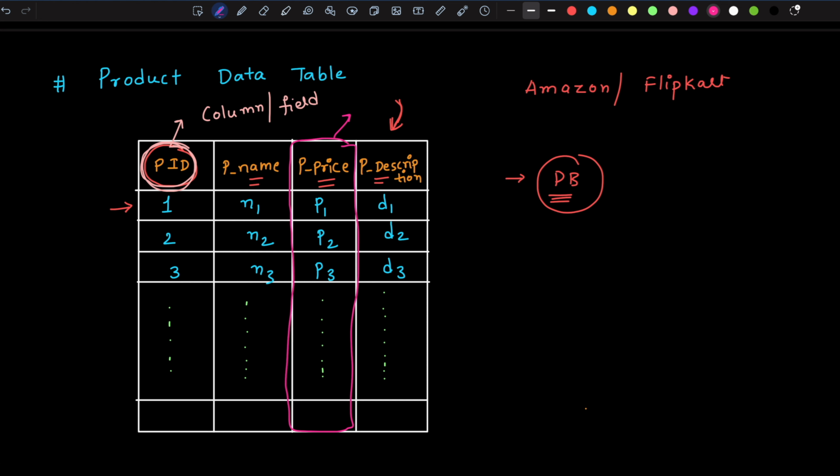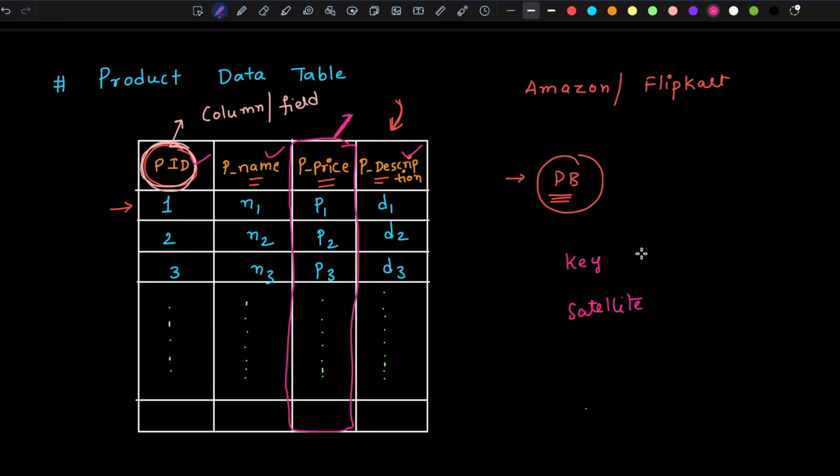So even though each product has multiple pieces of information like ID, name, and description, we are going to sort the entire table based on only one attribute, price. From this context, we'll understand the two important terms, key and satellite data.